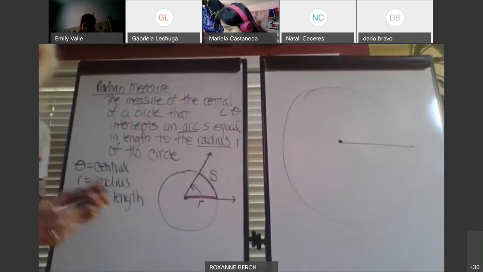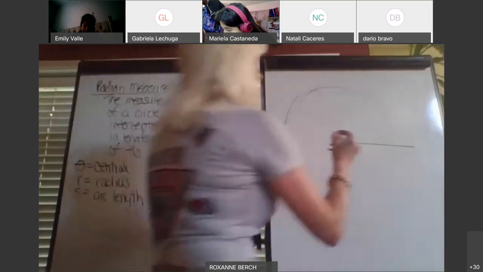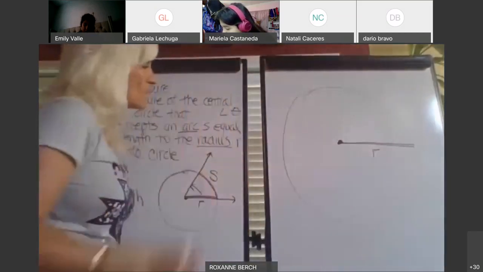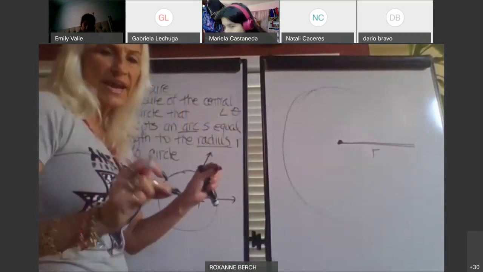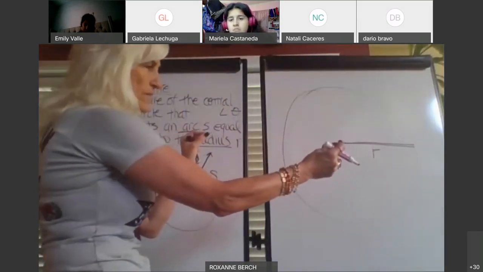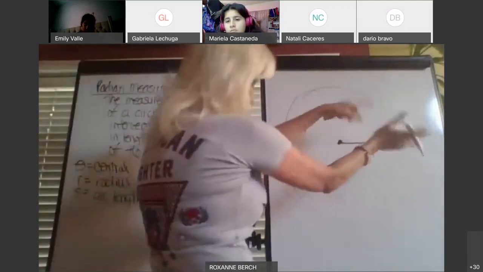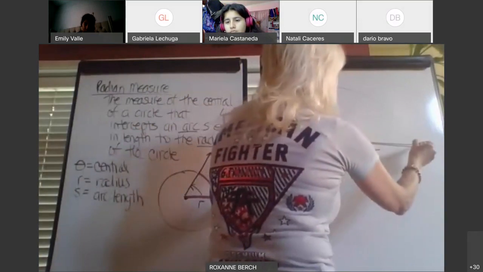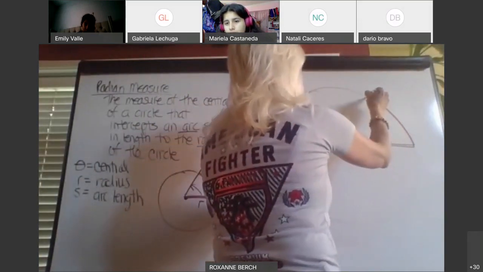Totally different. So now this is my radius. If I took a string and I measured the radius, I can't use a ruler with the arc length. You use a ruler with this, but you need a string. And you measure the string to be this.